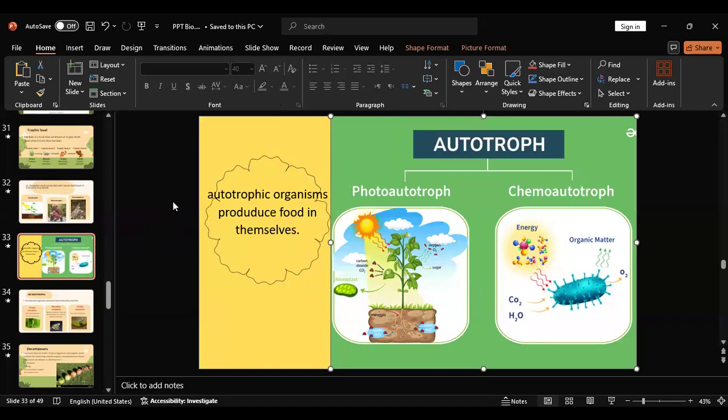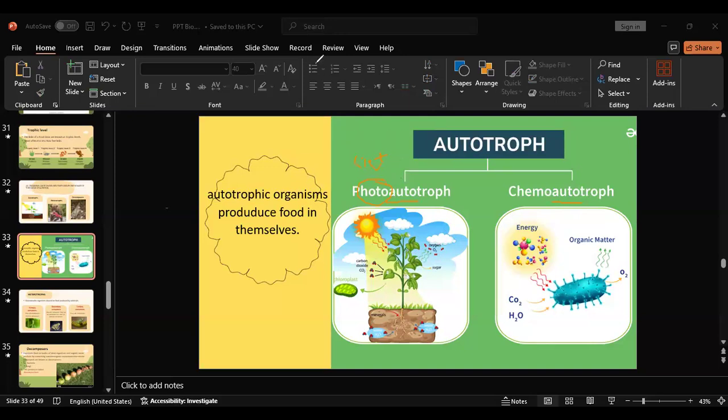We can divide these autotrophic organisms into two: photoautotrophs and chemoautotrophs. Photoautotrophs produce food by using light.